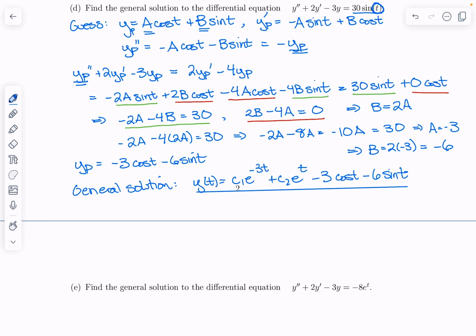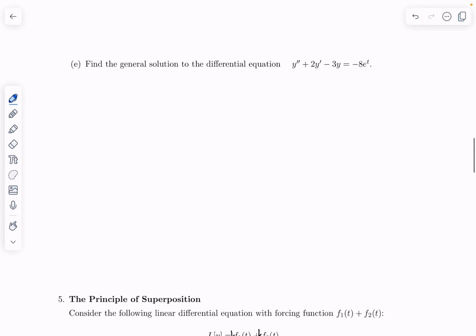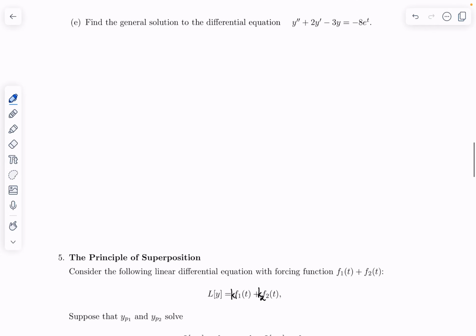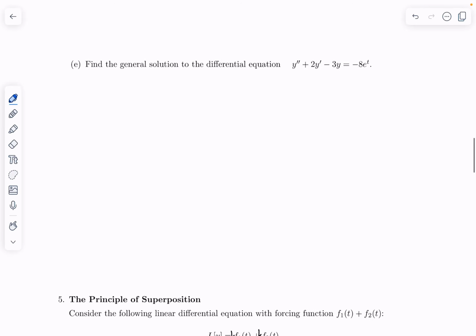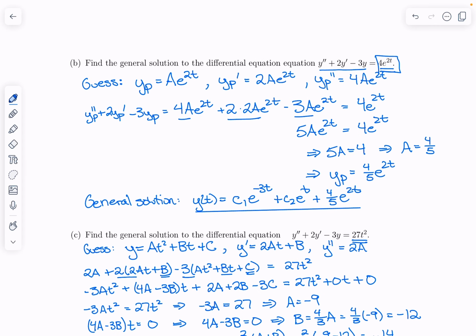We're going to move on to the last example. The last example says to find the general solution of y double prime plus 2y prime minus 3y equals minus 8 e to the t. So this looks a lot like the example that we had done previously, where the right-hand side was 4e to the 2t, and we guessed a e to the 2t.